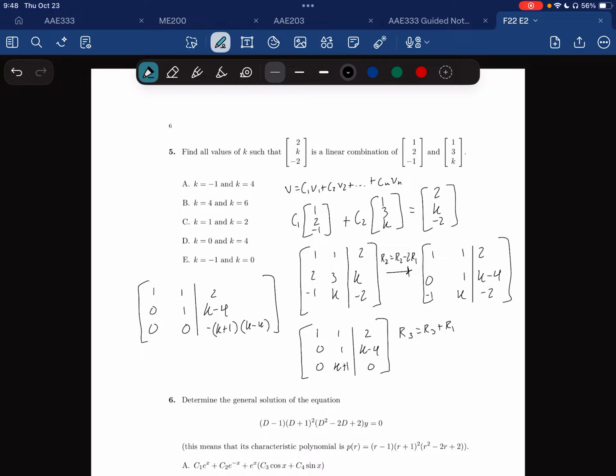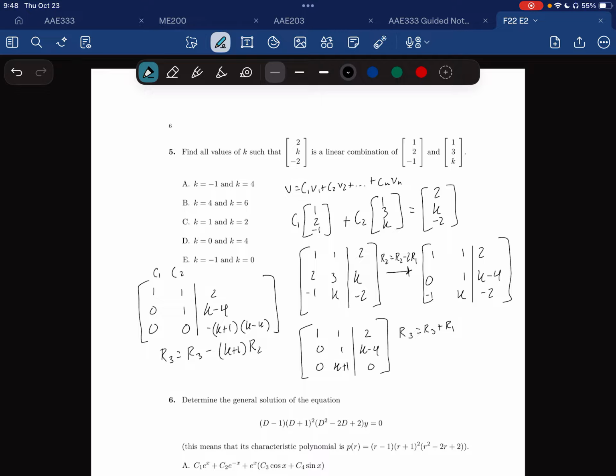But basically what I did here was I said this new R3 is going to be equal to R3 minus k plus 1 R2. Why do I want that? Well, if this is a system, and let's just say we have variables, actually this is C1, this is C2.